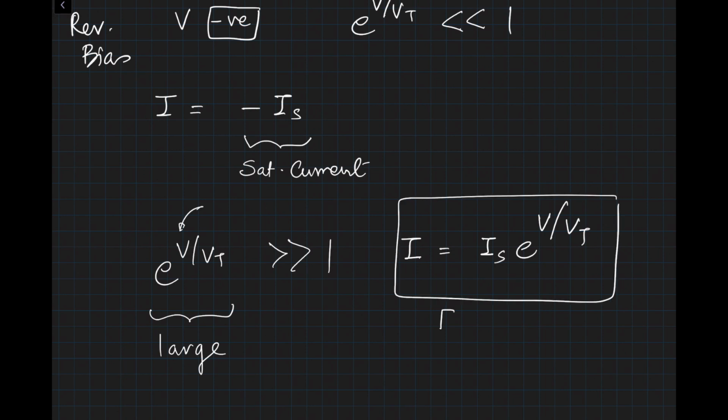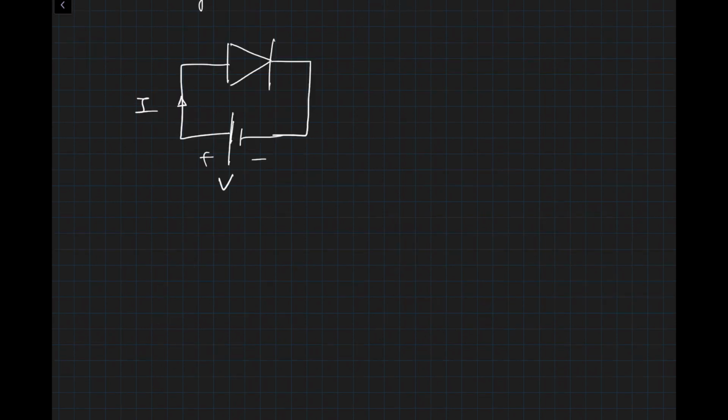So this would be your forward bias condition. The key part here is, as voltage keeps increasing, the current I will increase exponentially. Let's take a numerical example and then things will become very clear.